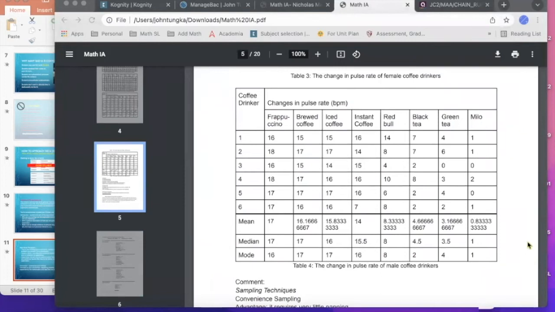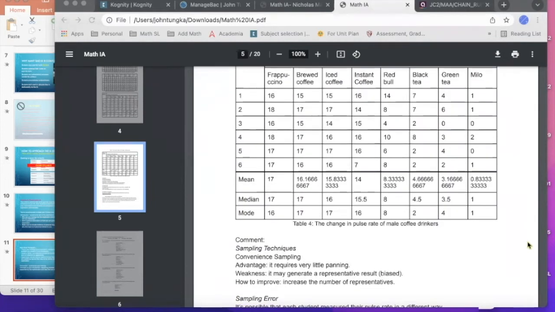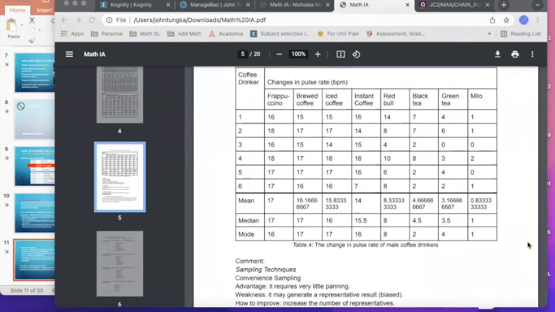This is a primary data. Is that correct? You collect directly by yourself, right? Yes. Okay. Any comment on the amount of data that you collect? It's less than the other IAs I've seen. I understand, because this is primary data.